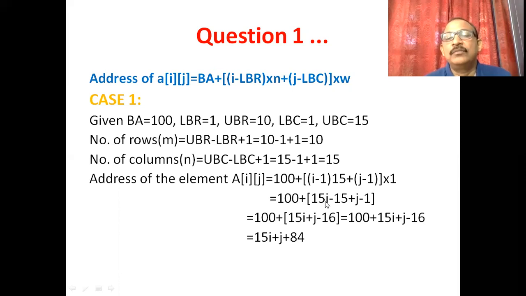So 100 plus 15i minus 15 plus j minus 1 is equal to 100 plus 15i plus j minus 16. So 15i plus j plus 84 in the first case. So address of element at ith row and jth column will be 15i plus j plus 84 in the first case.